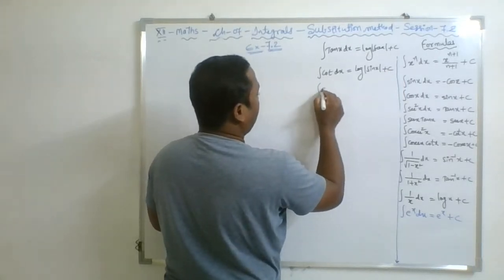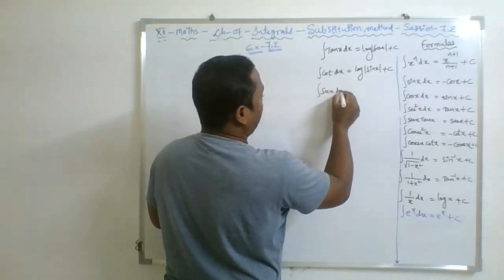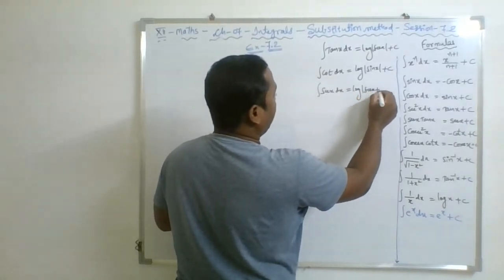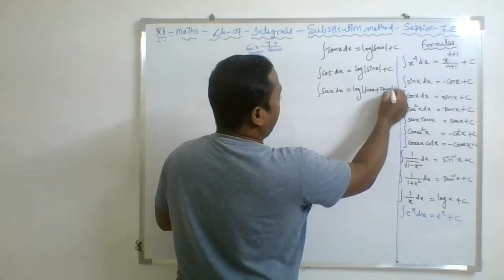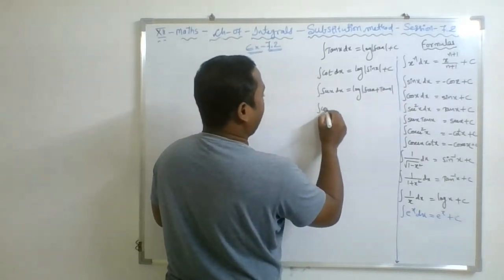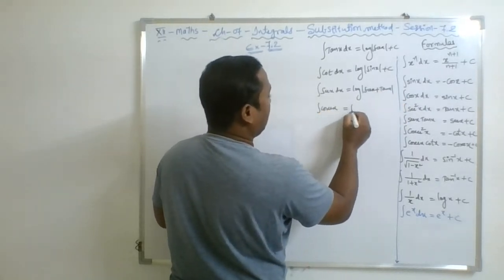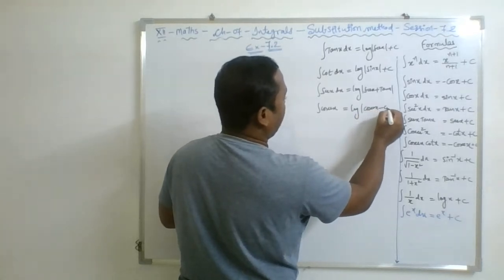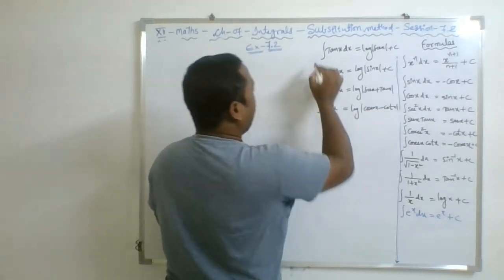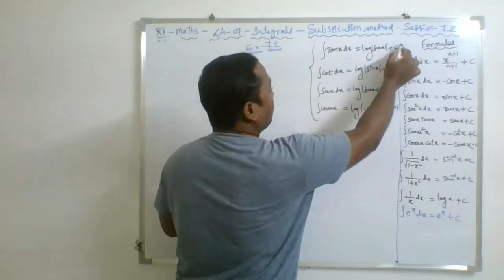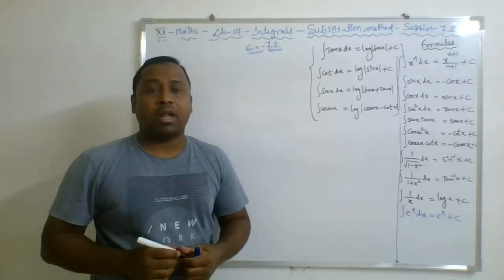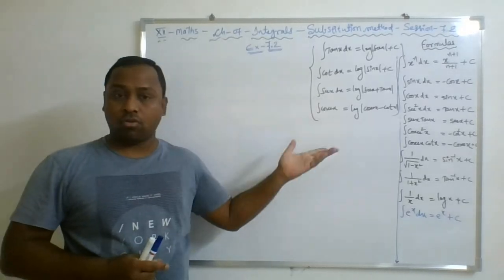Integration of sec x dx will be log of sec x plus tan x. Integration of cosec x is equal to log of cosec x minus cot x. These four formulas you have to remember to apply in various questions.